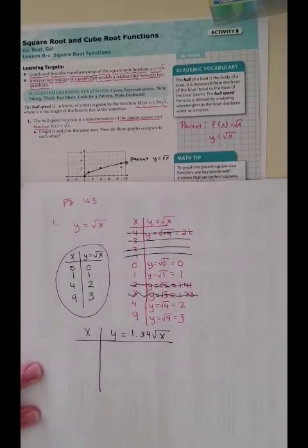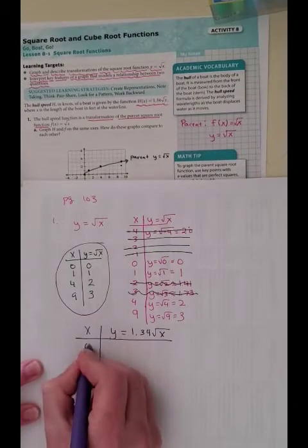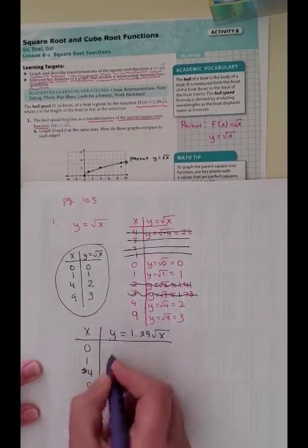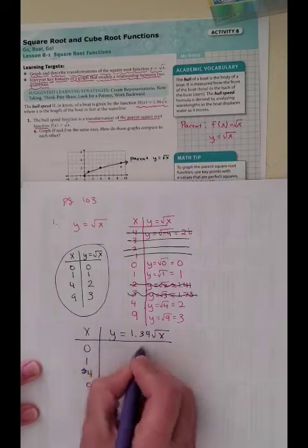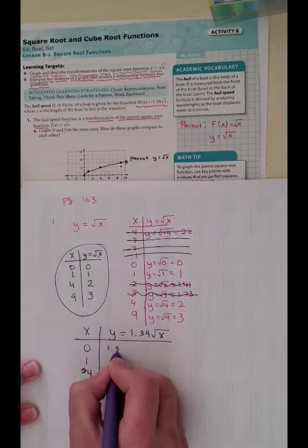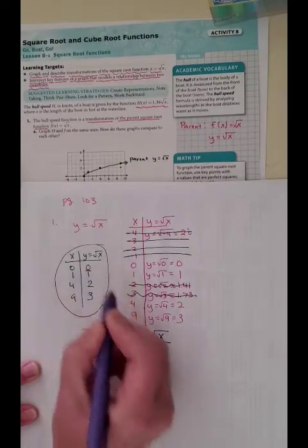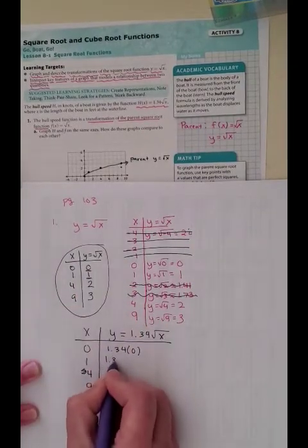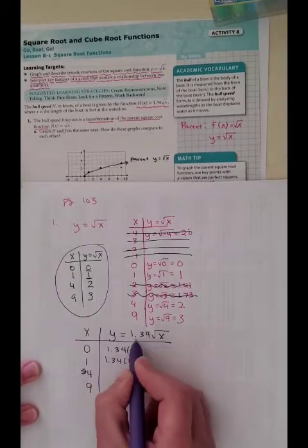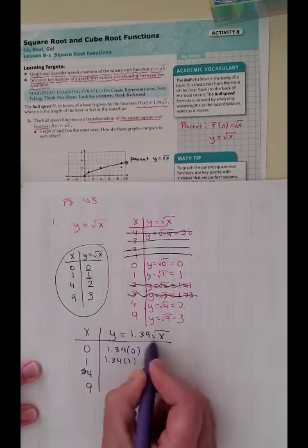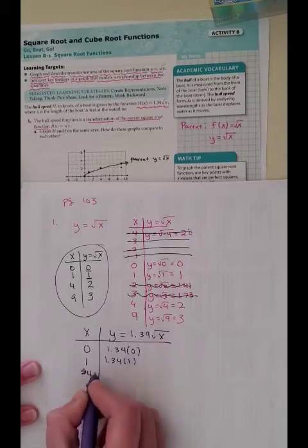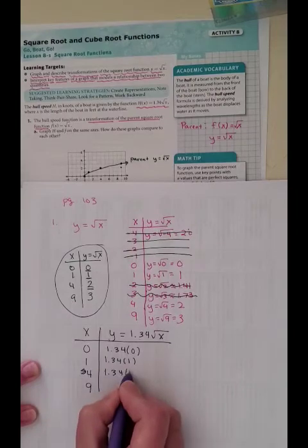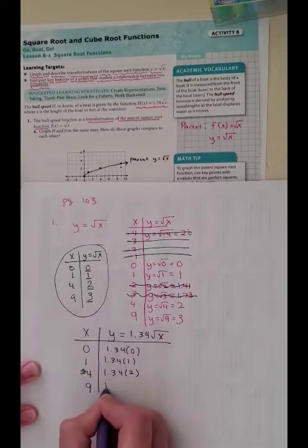And what I will do is I will take my original values, 4 and 9, and I'm going to now multiply each of my output values by 1.34. So my output was 0, my output was 1. So what I'm doing is multiplying by 1.34 all of my original square root values. My output was 2. My output was 3.